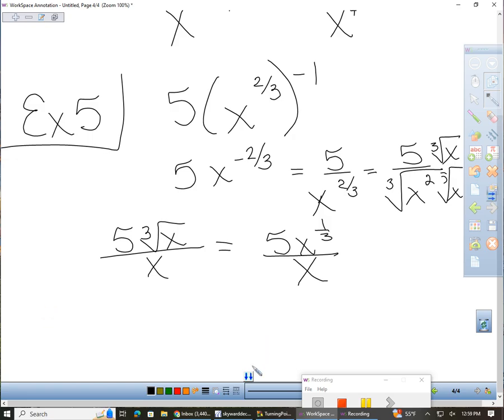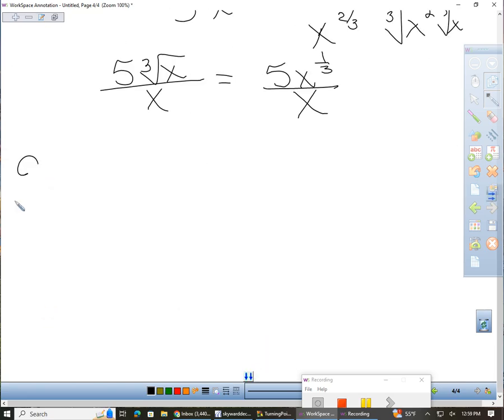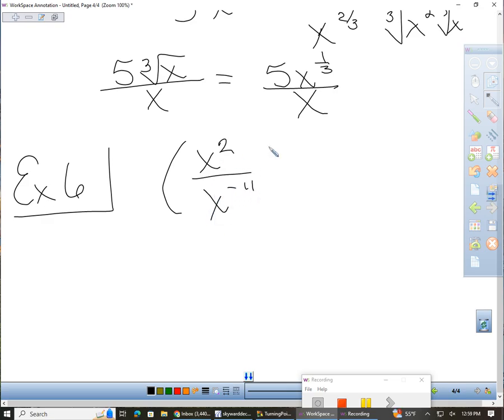One more example. Let's do, I like how you write your names, how about if we do x squared over x to the negative 11 raised to the 1/3 power. Well, I have a negative exponent up there. What should I do with that? Move it to the top.